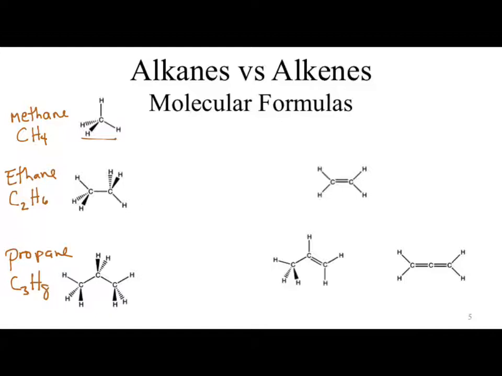So one of the things that you might have seen in the textbook, although I don't think I directly stated it in class yet, is that we can start to notice a pattern for your alkanes. If we had a general formula, with n carbons, so some number of carbons, how many hydrogens would we have?